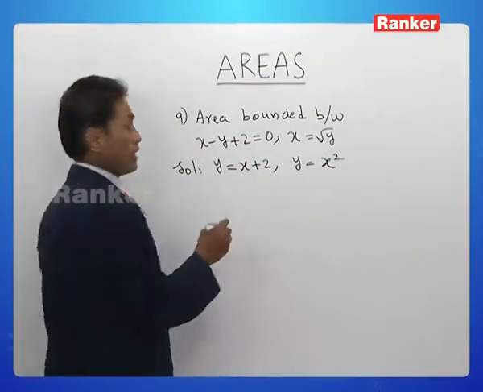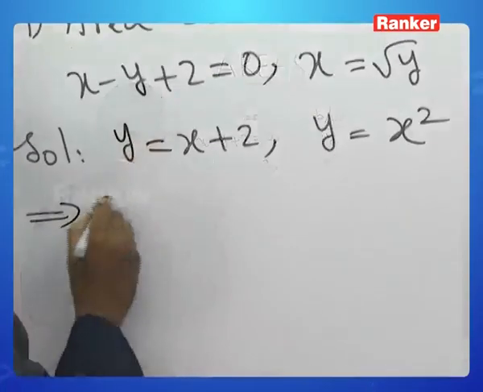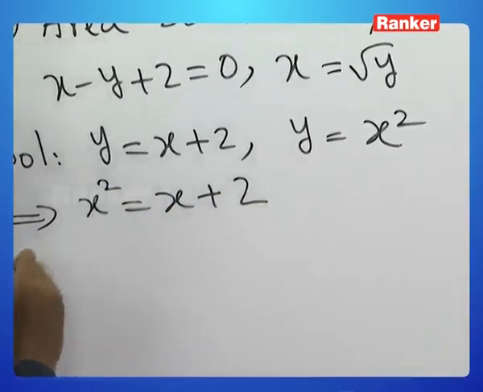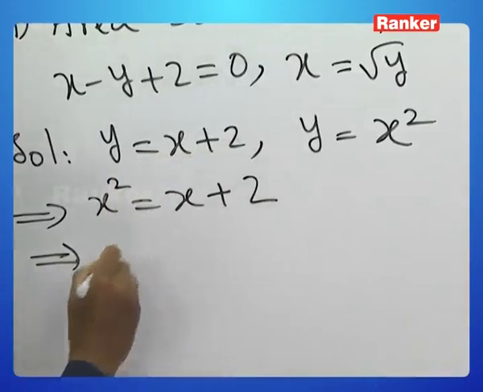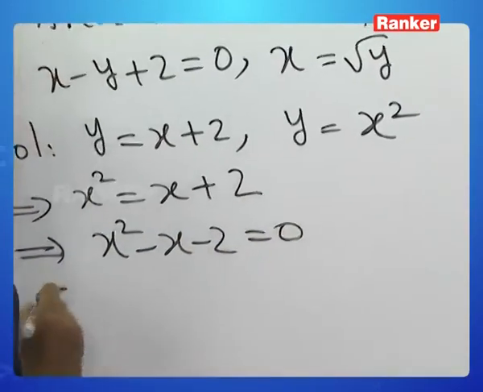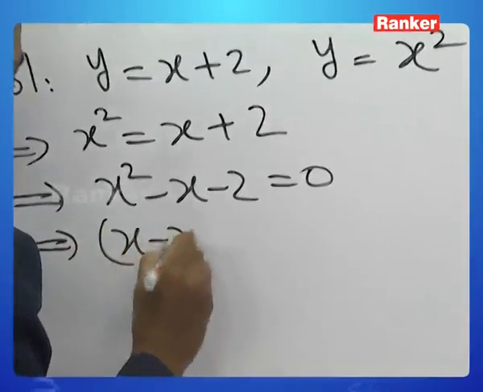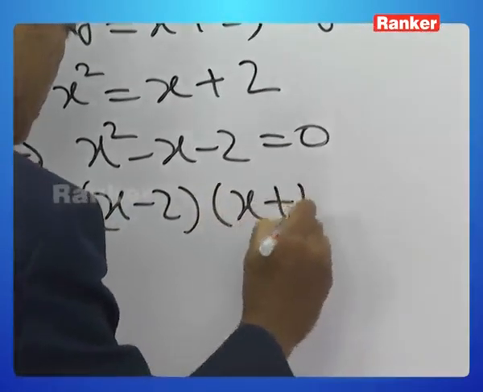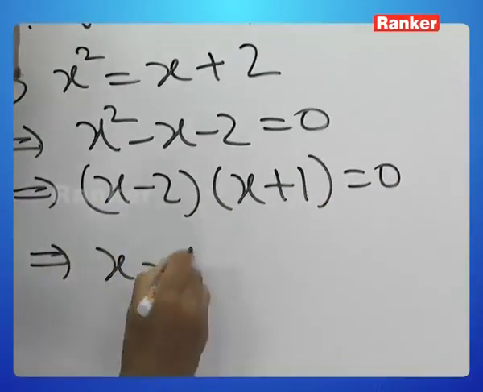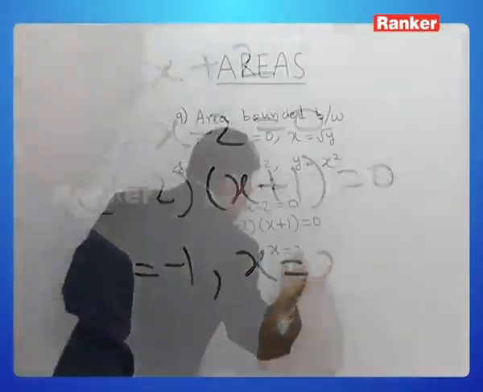So, let us find the point of intersections. So, solving this line and parabola, point of intersection or roots, x is equal to minus 1, x is equal to 2.